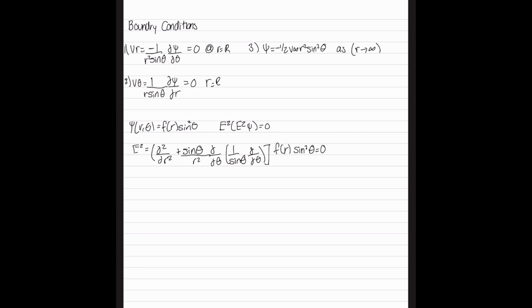Now this f(r) sine squared of theta, to help simplify this equation to make it easier to solve, we must distribute it throughout each of the terms. And we have to remember that when we do partials and long equations, we solve the partials from left to right. So here are some of the steps to solve the equation.